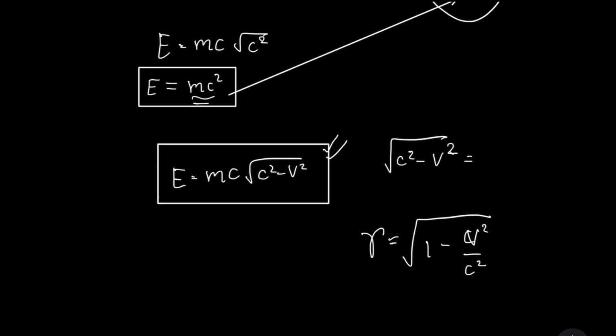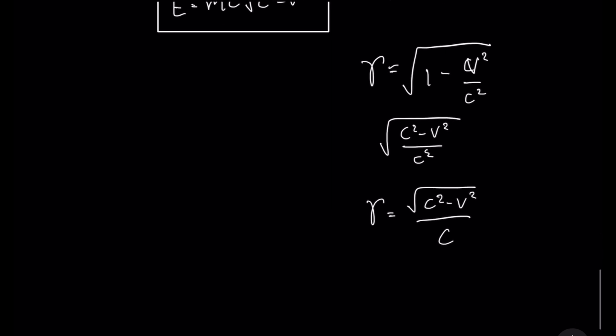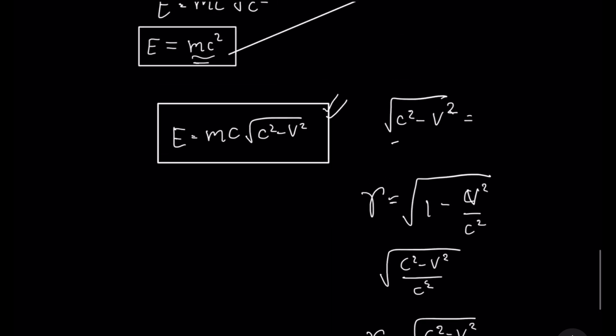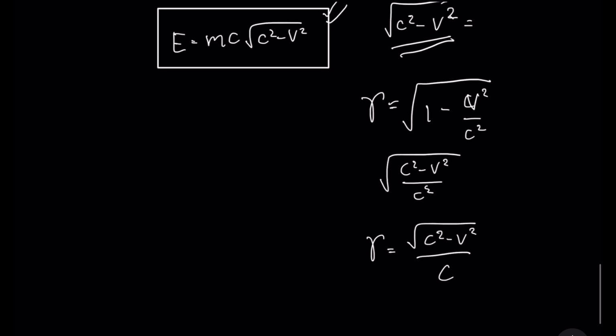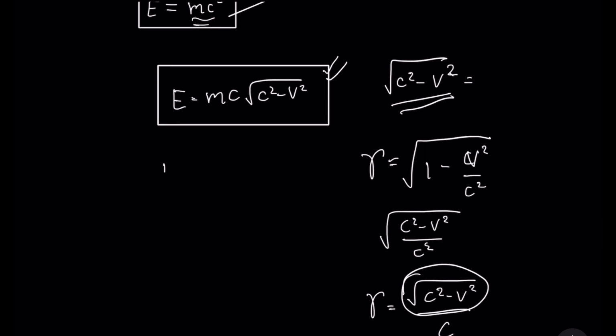You can see that it's root of c square minus v square by c square. So gamma is equal to root of c square minus v square by c. And therefore this term, root of c square minus v square, is equal to gamma times the speed of light. Now if we input this back into our equation, we get another nice little equation: E is equal to gamma mc square.